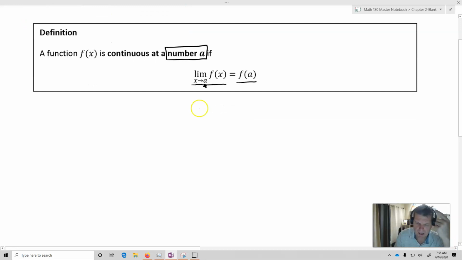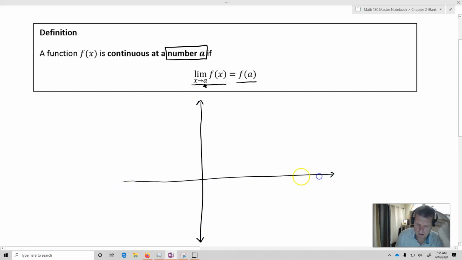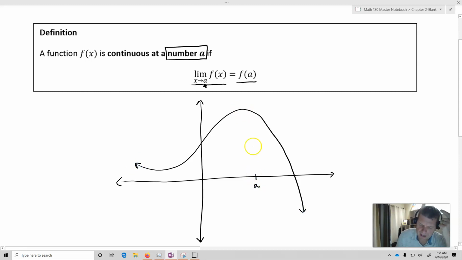Let's take a look at an example and talk about what this looks like so we can picture it inside of our minds. Let's imagine that I've got this function f, and here is a on the x-axis. Going up to the function, on the y-axis, here is f of a. Thinking about what I understand about limits, as I approach a from the x side, what do I approach on f of x?